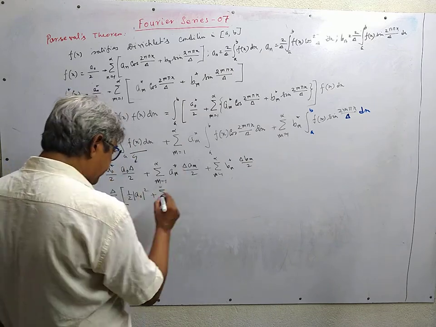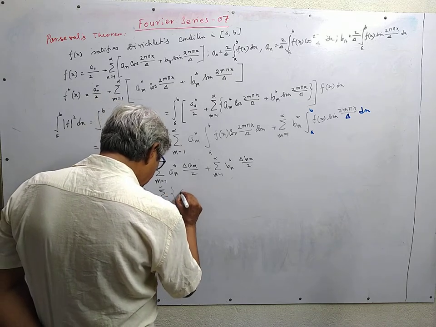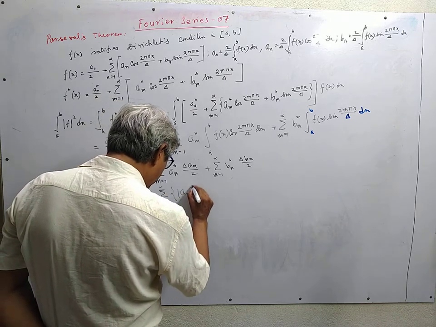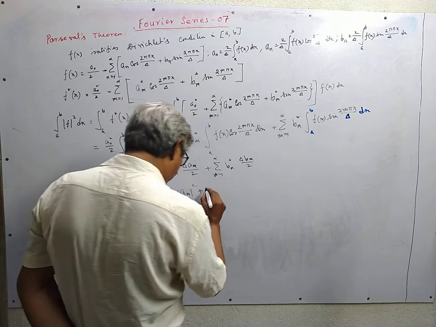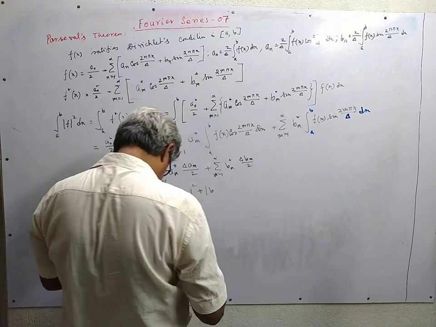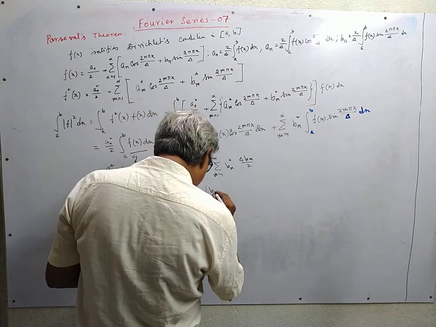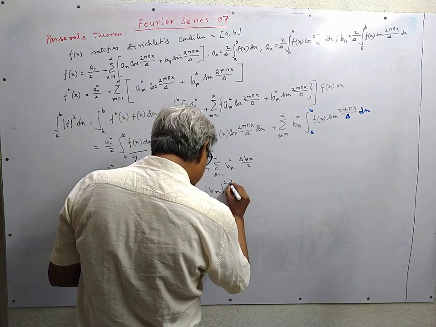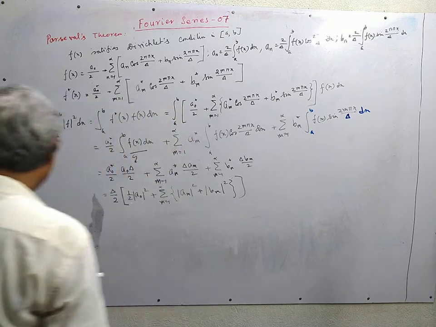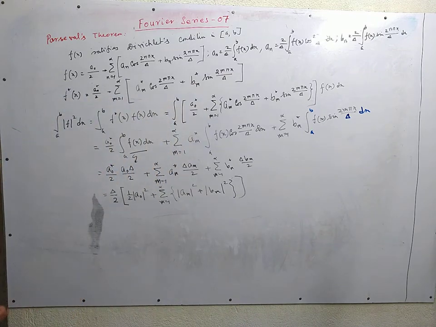Delta by 2 has been taken out, so it is am modulus square plus bm modulus square.